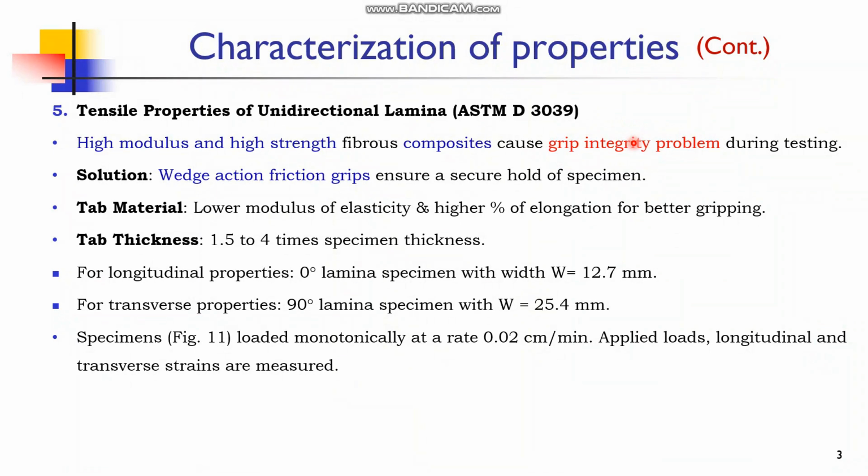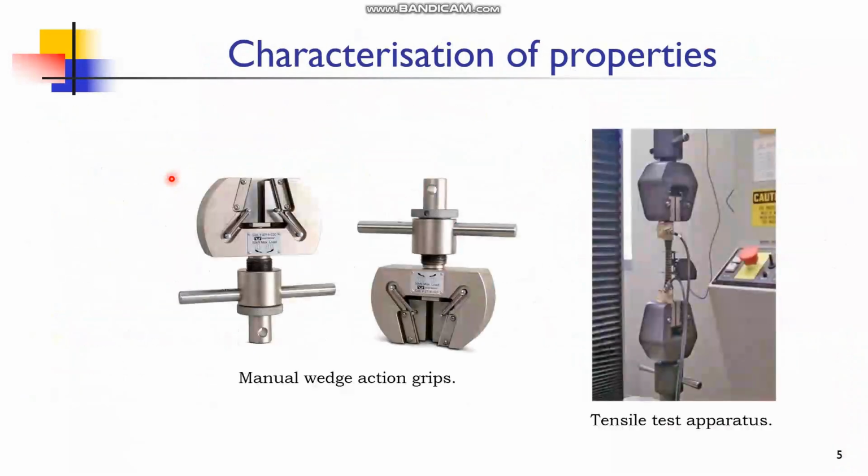The possible solution for this is to use a wedge action friction grip. Here the wedge refers to a V-shaped or triangular shaped tool which is designed to hold the specimen in the testing machine, as well as for proper positioning of the specimen.